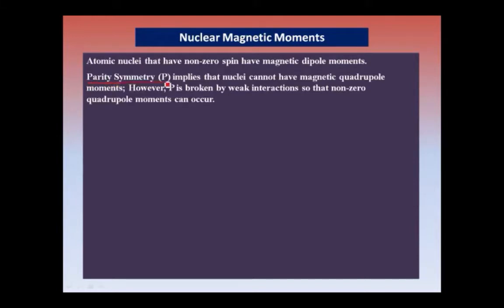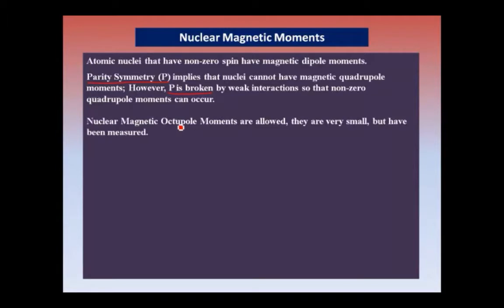If you have a system that has parity symmetry, it implies that the nuclei cannot have a magnetic quadrupole. However, if this symmetry is broken, for example by weak interactions, then non-zero quadrupole moments can occur. Nuclear magnetic octopole moments are also allowed. So dipole and octopole are allowed. They are very small, but they have been measured.